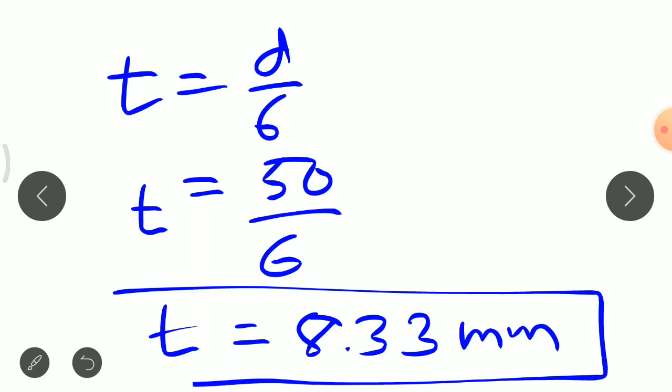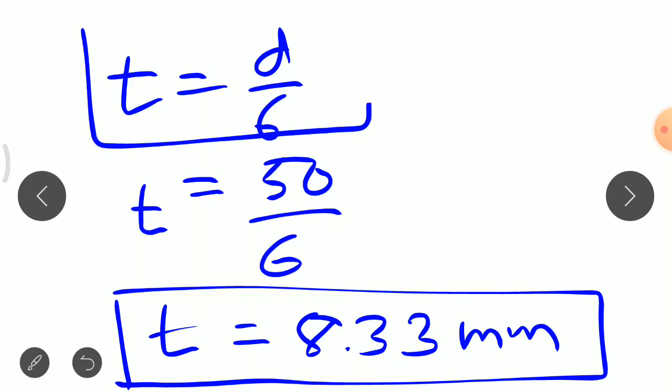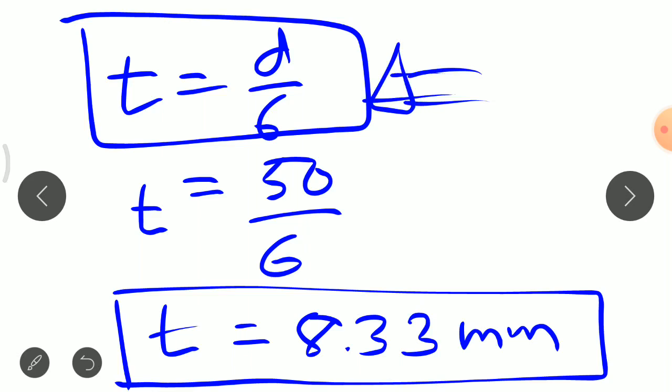This is the first quantity, the thickness of the key section, obtained by using the empirical relation, and the empirical relation for thickness is d by 6. Remember this quantity for the design of the key.